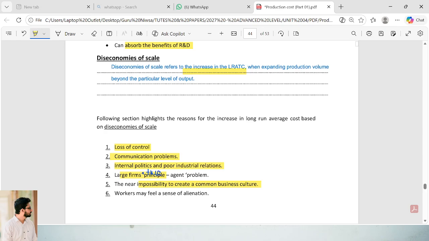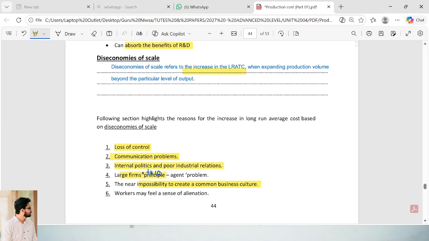One minute. I'll share two case studies, so if you want, you can read them. This is about case studies on economies of scale and diseconomies of scale. This diseconomies of scale case study is from Volkswagen, one of the largest car producers in the world.